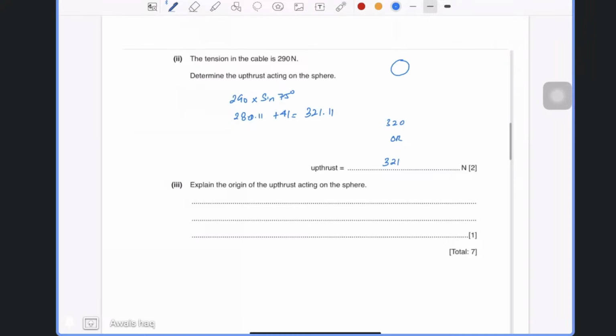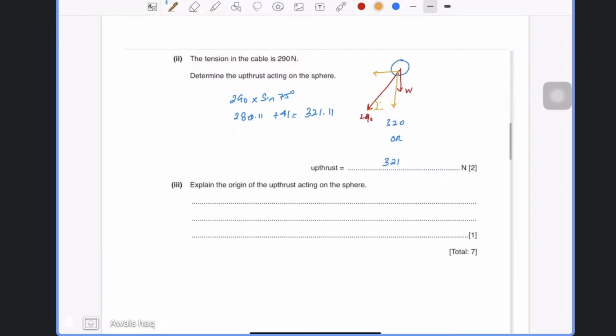So I'm just going to make a small brief drawing to explain this. Basically your weight was down, right, and this was also pulled down by a cable, and that was 290. I made different vectors, but to be more exact, I should have made a vector like this and a vector like this.